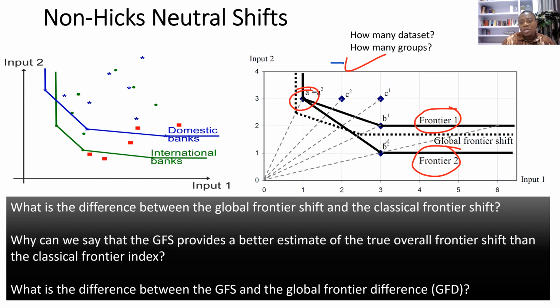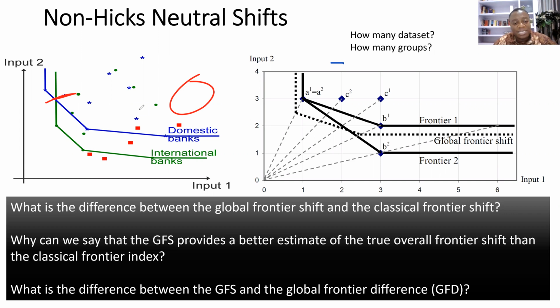All right. Now, when you look at this second one on the left here, you will see that there are three groups: red squares, blue stars, and then green dots. And you can see that the frontier is intersecting. And even at the point of intersection, you can see that there has been no improvement. Now, of course, that is not about time, it's about groups.